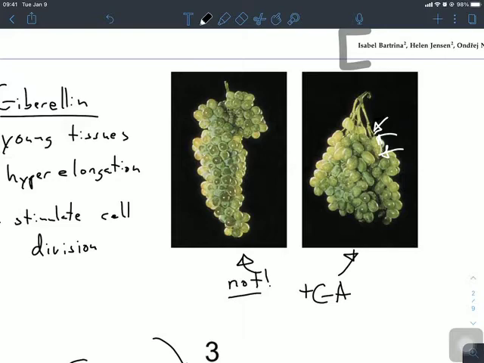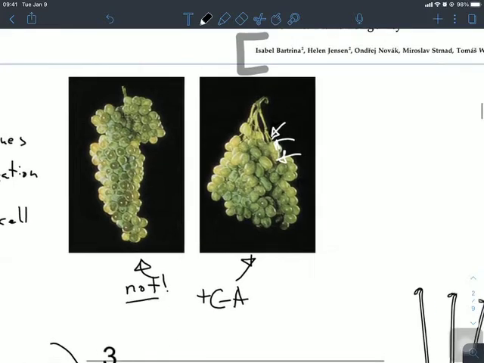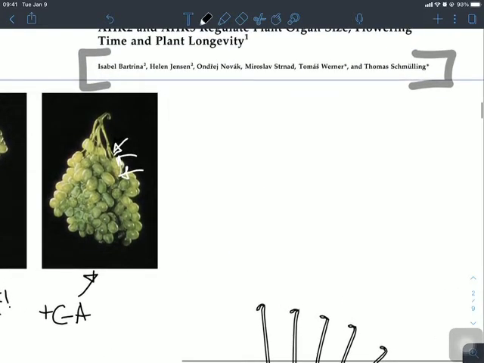Now, next up on our list of hormones is one that you probably have some firsthand experience with. It's ethylene. Ethylene is something that has many different commercial applications. It is a hormone that is made in most tissues.